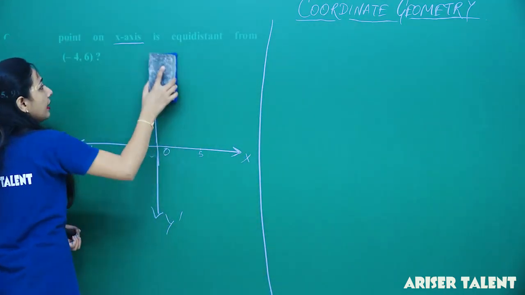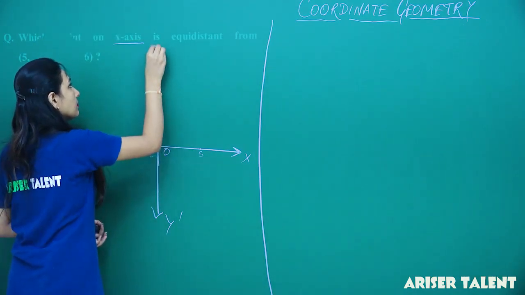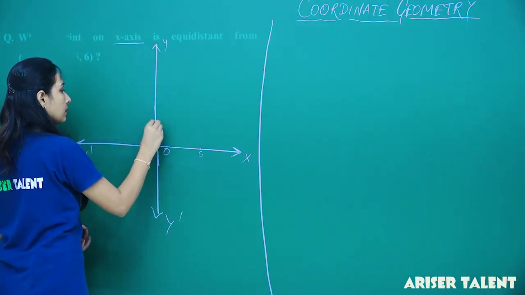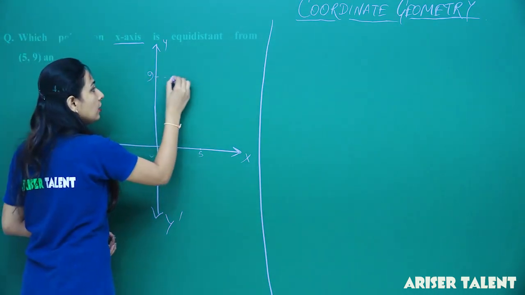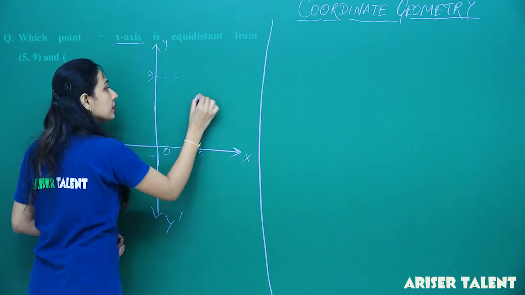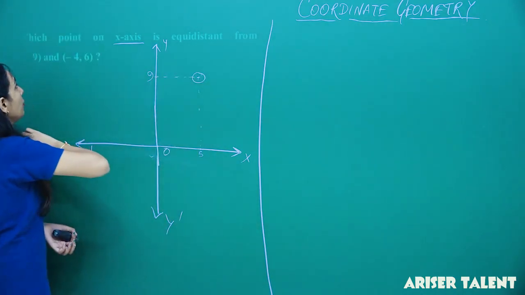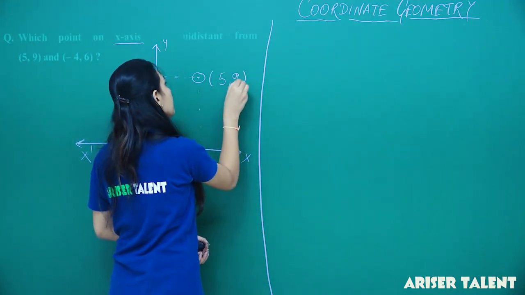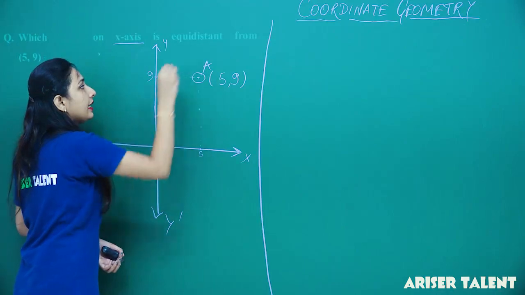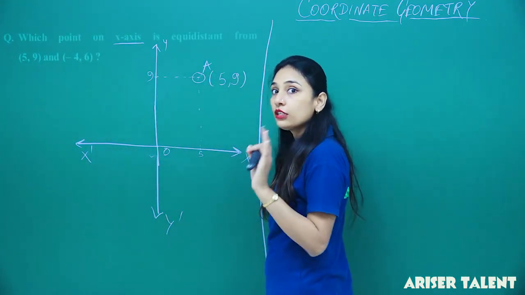Okay, and so something like here, that will be 9. So here will be a point. This is the point which is given, 5, 9, and I'll name it A. And I have minus 4, 6.